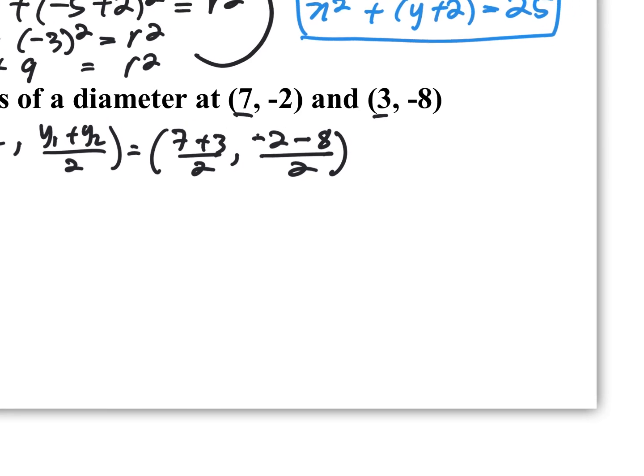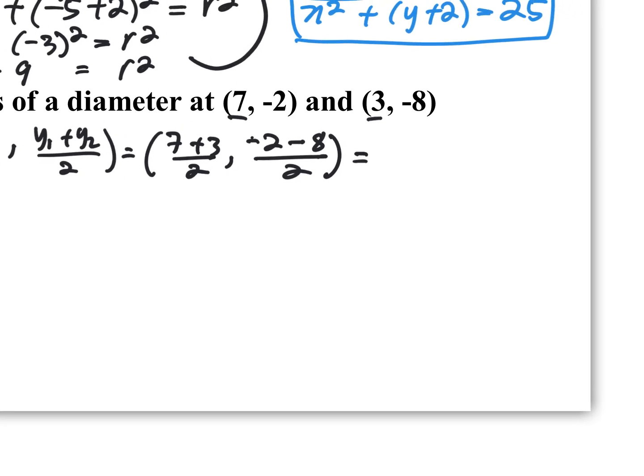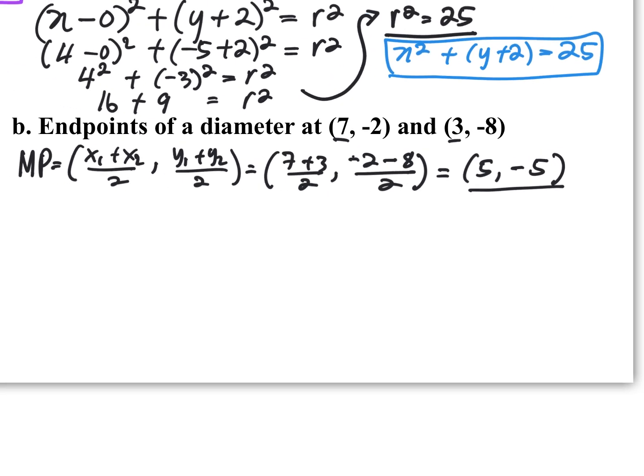Continuing the process, 7 plus 3 is going to give me 10, and 10 divided by 2 is going to give me 5. −2 plus −8 is −10, and −10 divided by 2 is going to give me −5. So the center is going to be (5, −5).